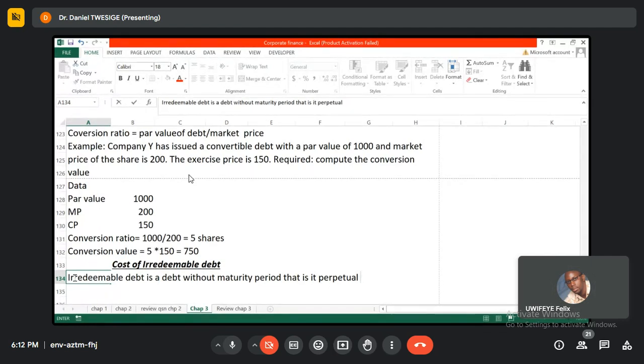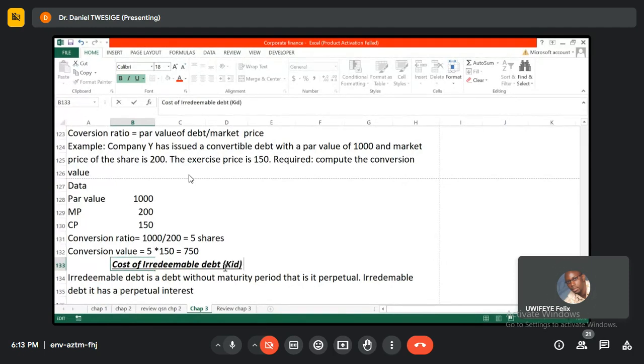Now, how do you get the cost of irredeemable debt? Because with irredeemable debt, you are paying interest in perpetuity. Irredeemable debt or loan stock has got a perpetual interest.